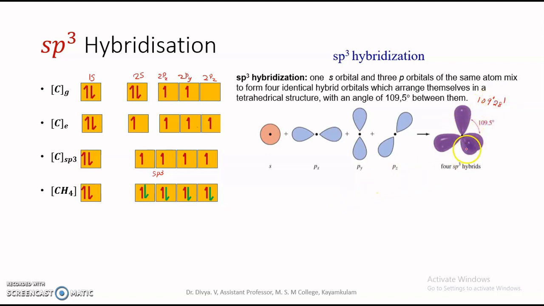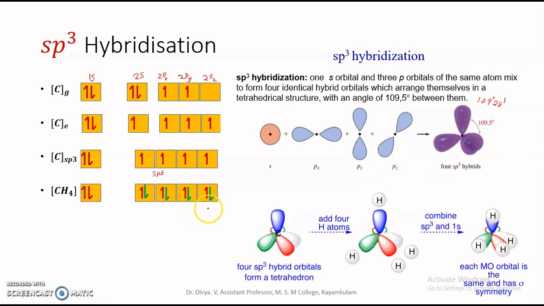The bond angle here is 109.5 degrees. These are the 4 sp3 hybrid orbitals, and during the formation of methane, this is the sp3 hybridized carbon atom and these are the 4 hybrid orbitals. They combine with the 1s atomic orbitals of hydrogens, leading to the formation of the methane molecule, which has tetrahedral geometry.